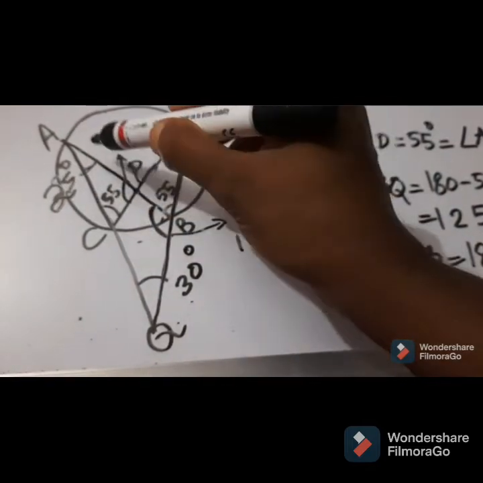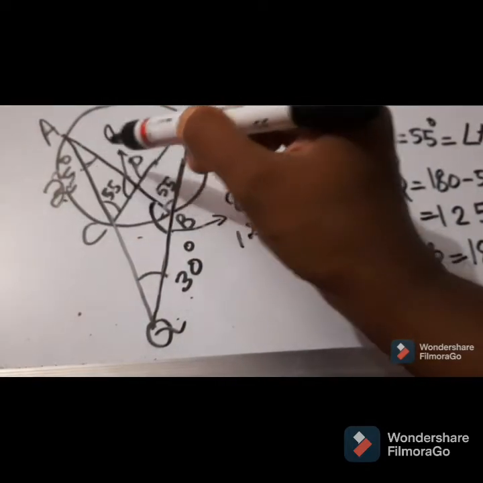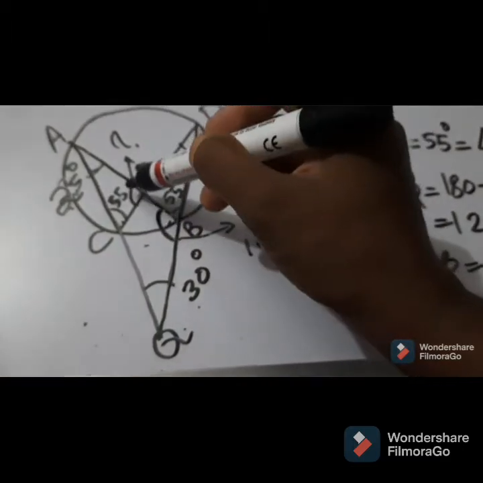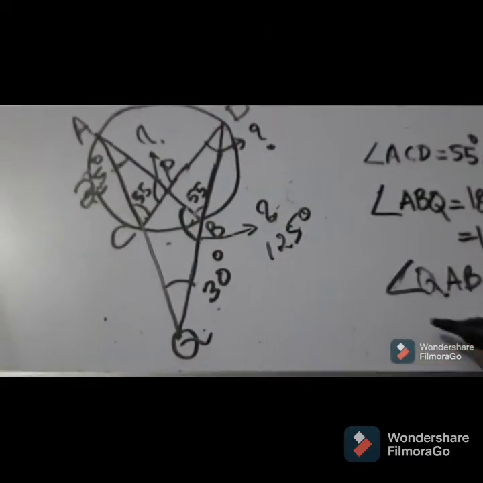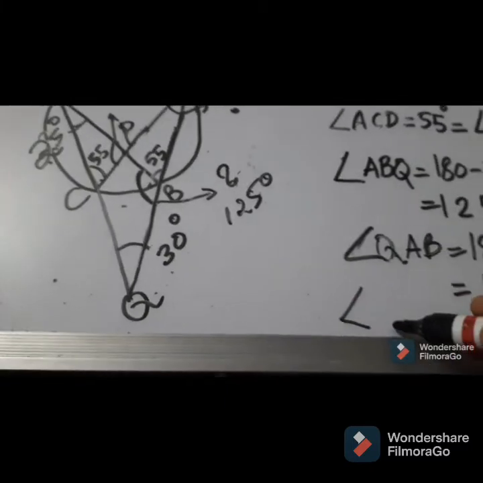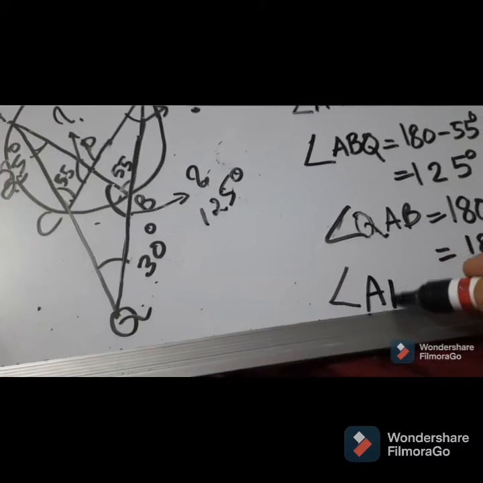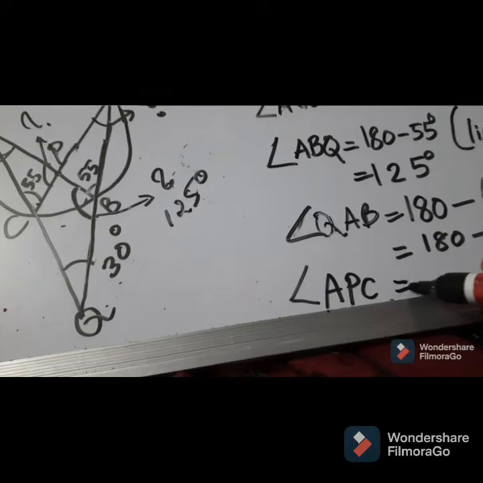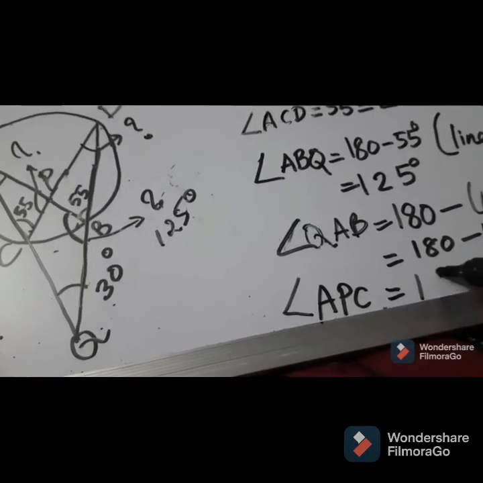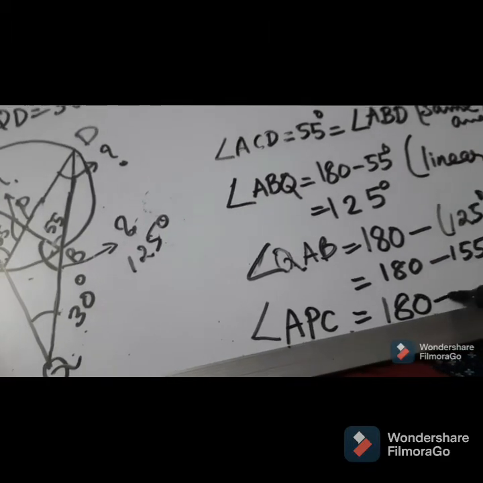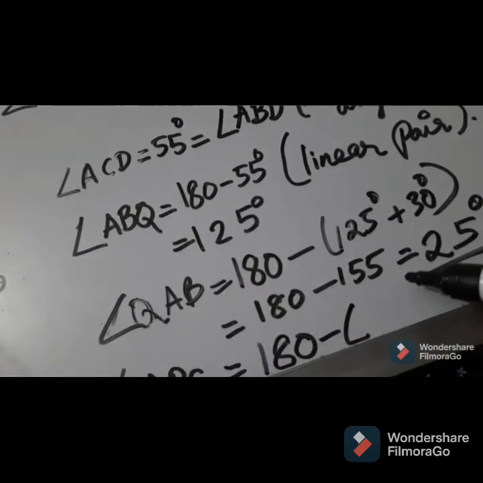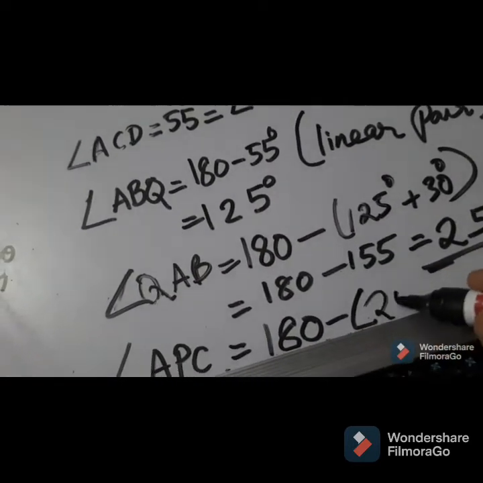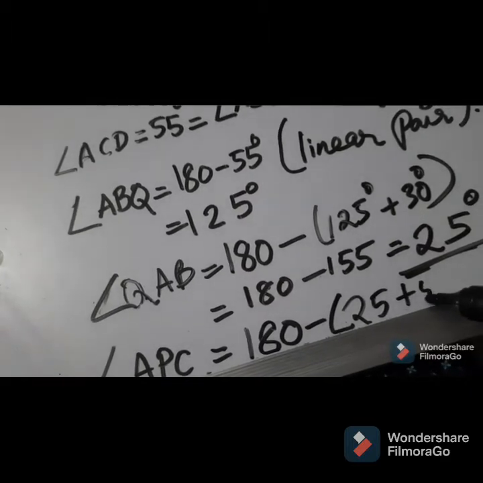Now in this triangle, this is 25 and this is 55. So what is this angle? Angle APC is the question. Angle APC is equal to 180 minus, in the bracket, 25 plus 55.